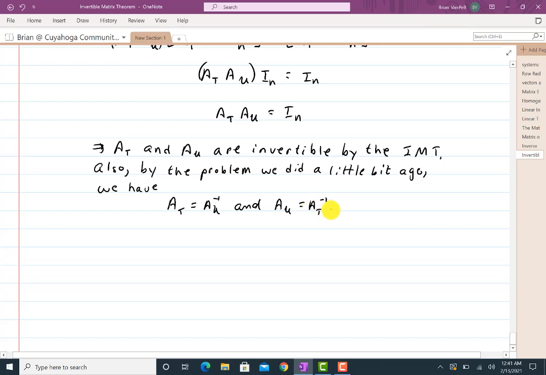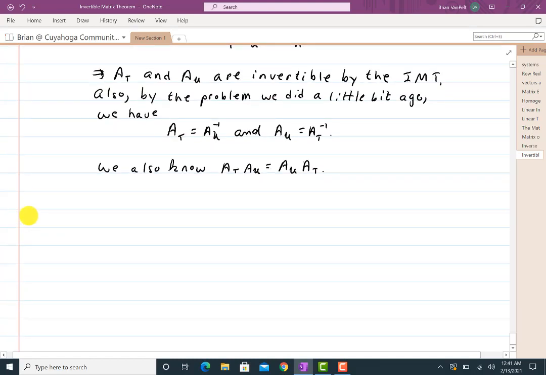Not only that, if they're inverses of each other, then we also know that A_T A_U equals A_U A_T.